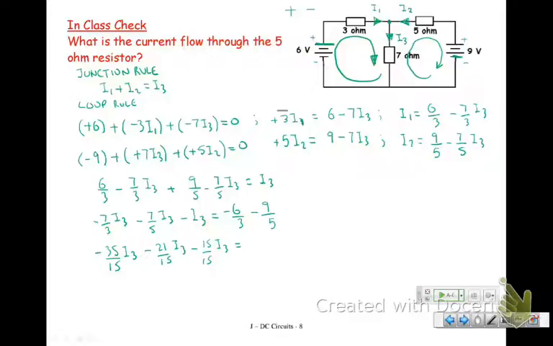Same thing here, 5's tops and bottoms, minus 30 over 15, minus 3's tops and bottoms, 3 9's are 27 over 15.